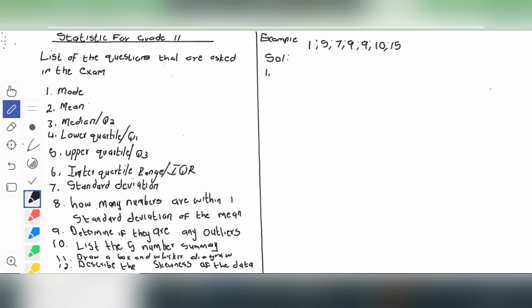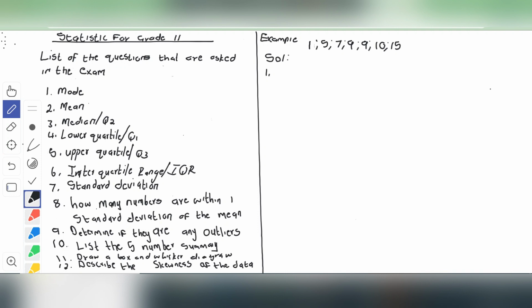The first question is what? The mode. This question will come like this: determine the mode of the data set. Whenever the question says determine the mode of the data set, they want you to write down the number which occurs the most in the data set, right?